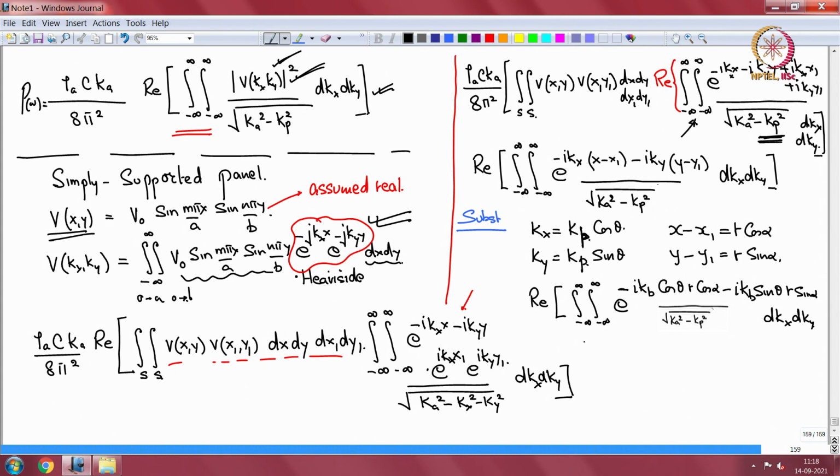Or it is the real part of, let me shorten this notation, both going from minus infinity to infinity, e to the power of minus i kp r cos of theta minus alpha, dkx dky.